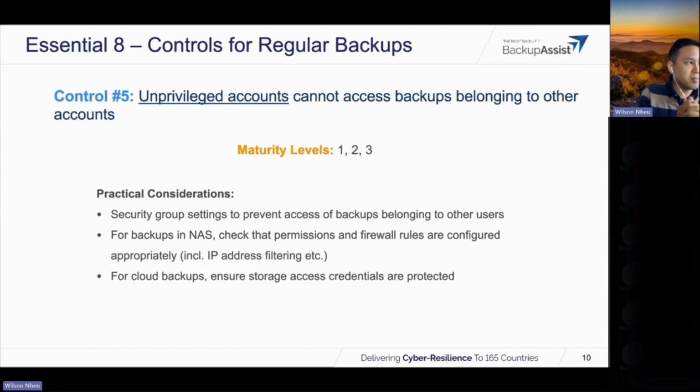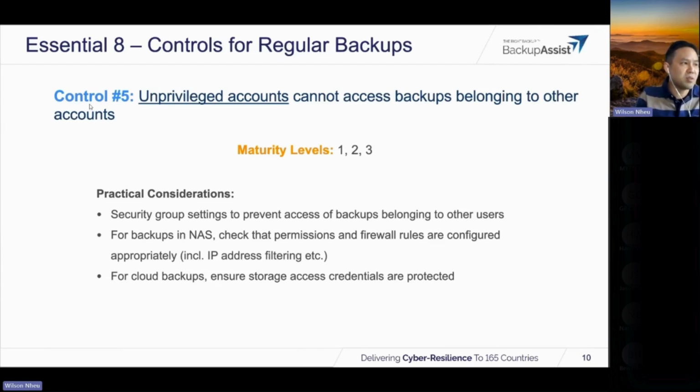Now, the next 7 controls are all about access, about controlling access to your backups. As you go up the maturity levels, it's about preventing unwanted access that is carried out in a more sophisticated cyber attack. So let me explain as I go through it.